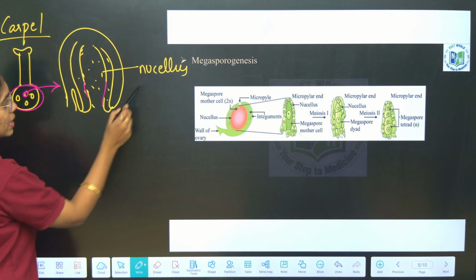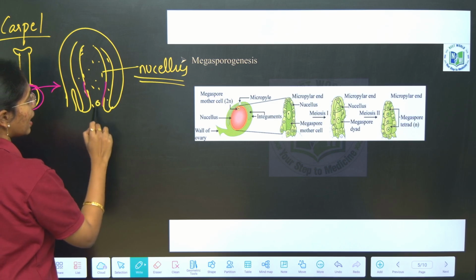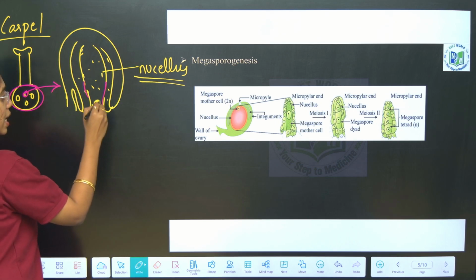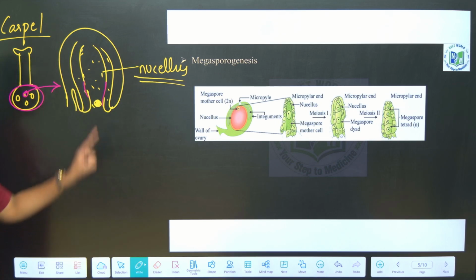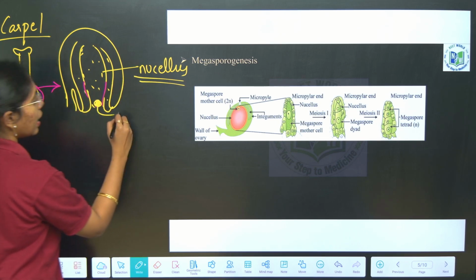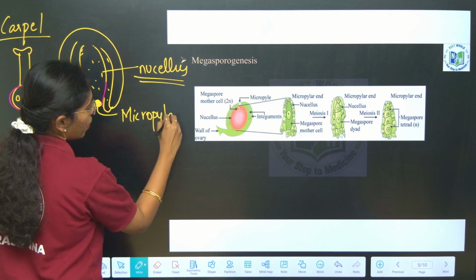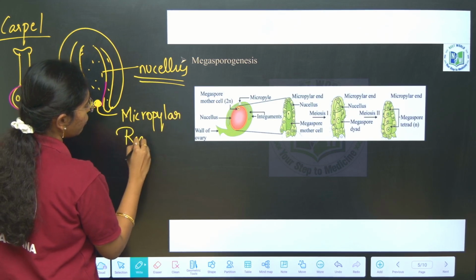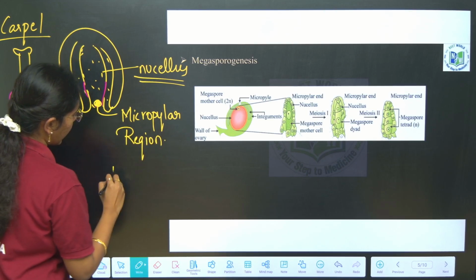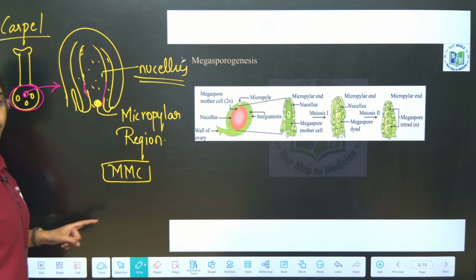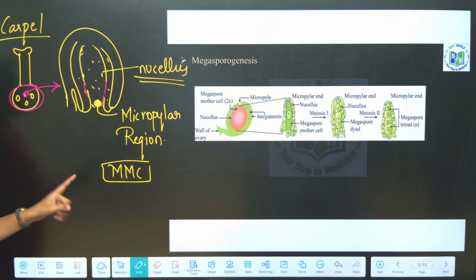One of the nucellus cells in the micropylar region, which has dense cytoplasm and a large nucleus, will get differentiated into the megaspore mother cell.